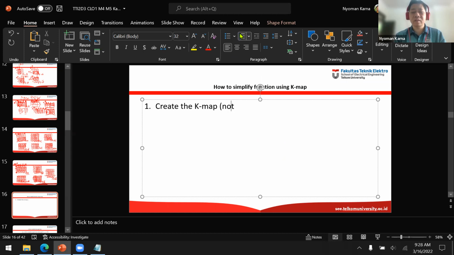Remember, adjacent row or column only one variable change. Okay, now what is the second step? Identify the active cells.